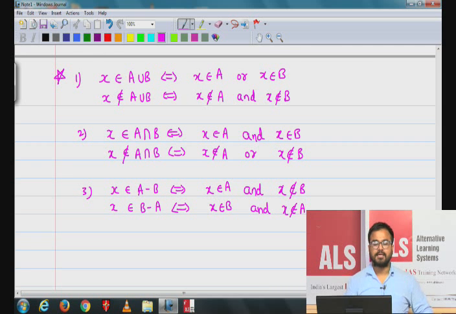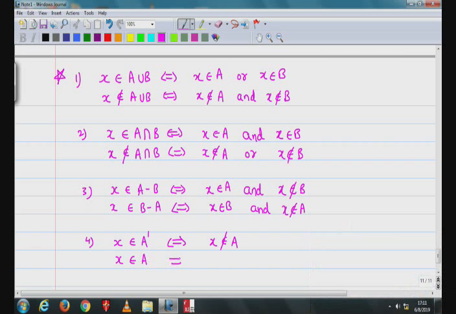Right? Similarly, for the complement we have studied, if X belongs to A dash, if X belongs to complement of A, it means X does not belong to A. Or we can say if X belongs to A, this is same as X does not belong to A dash.